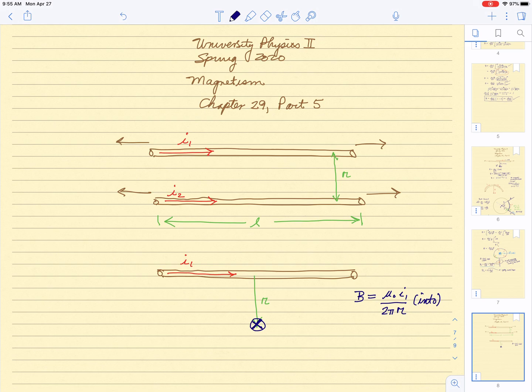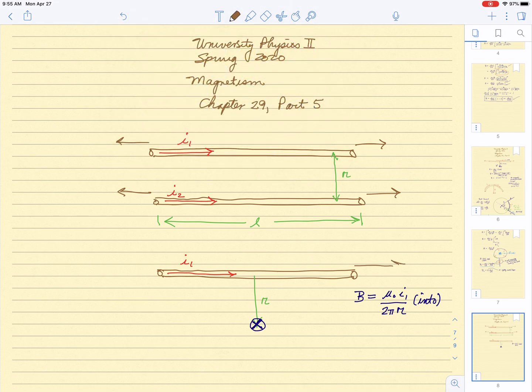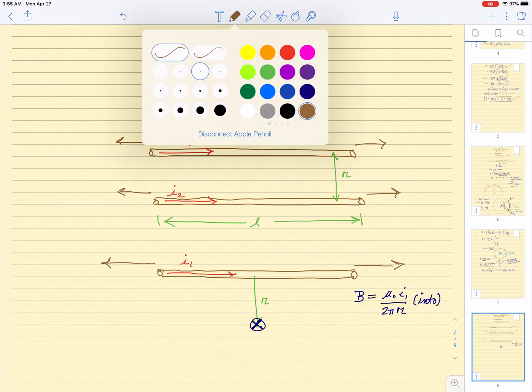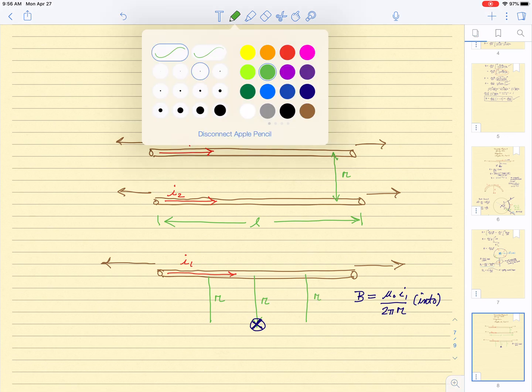Okay? And no matter where we are, remember this wire is very, very long. And so no matter where we are at this distance r away, the magnetic field is going to be the same at all points r away.